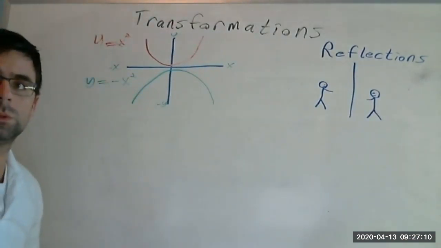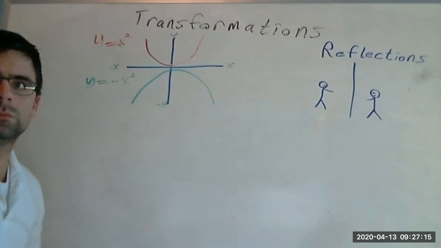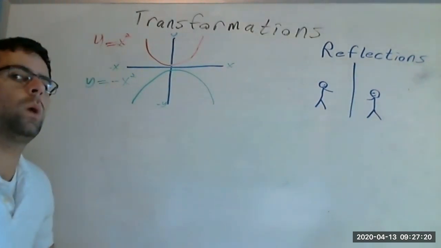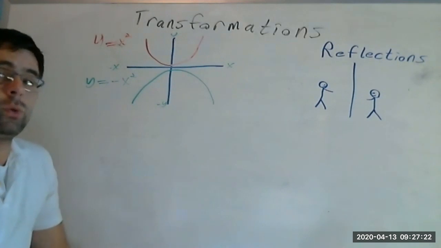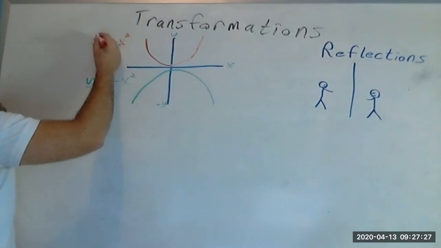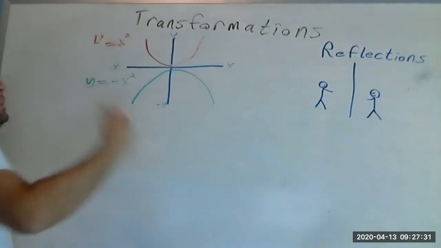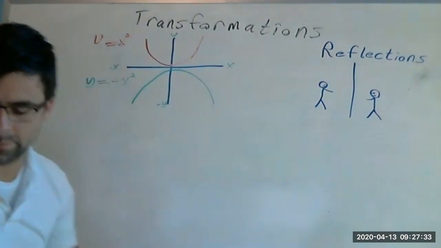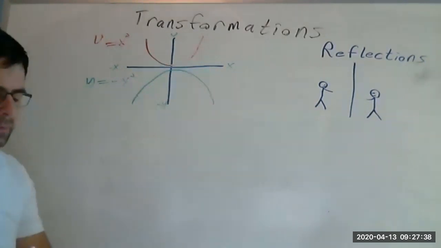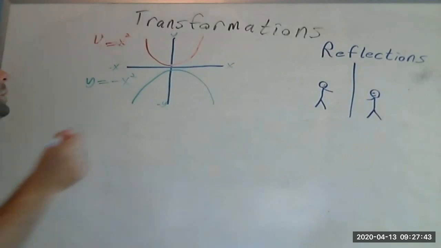So, very good. How do we do that? Is there something that we did that we can repeat every time, some sort of setup that every time we want to do a reflection, we can do this?